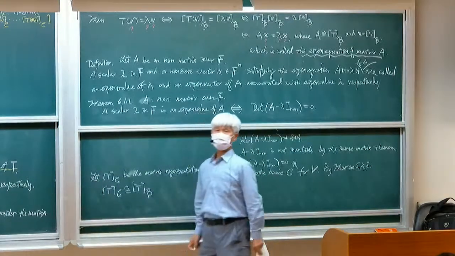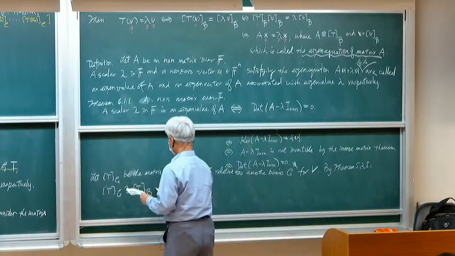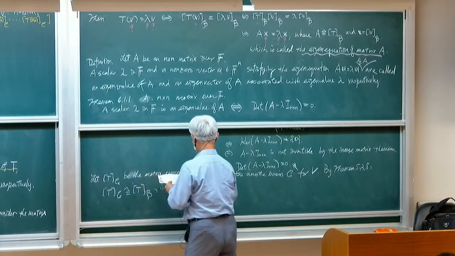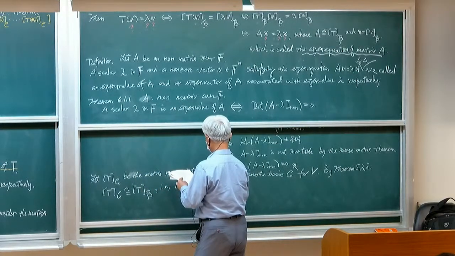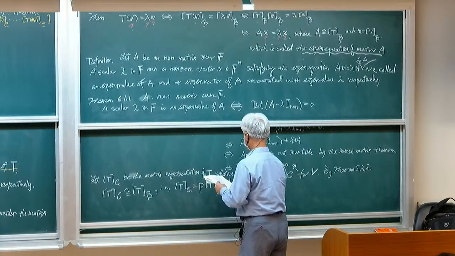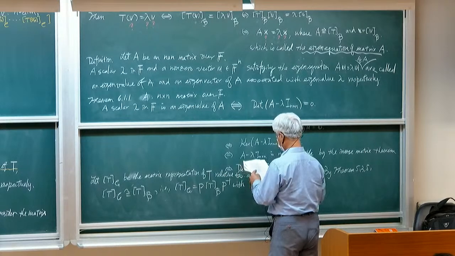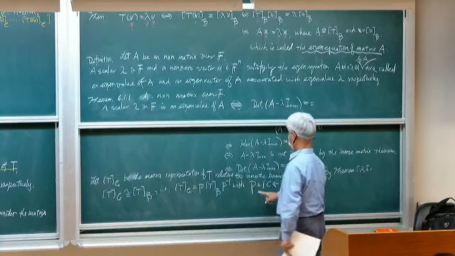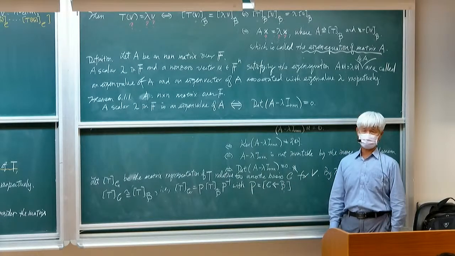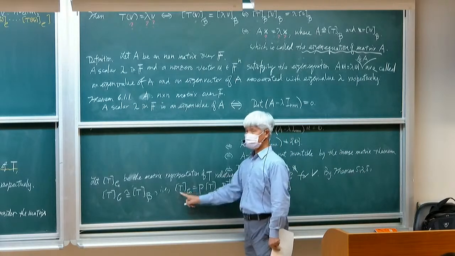Okay, so we know that these two matrix representations are similar, i.e. there is an invertible matrix P, and this P is actually called the transition matrix from B coordinate system to the C coordinate system. We know that.